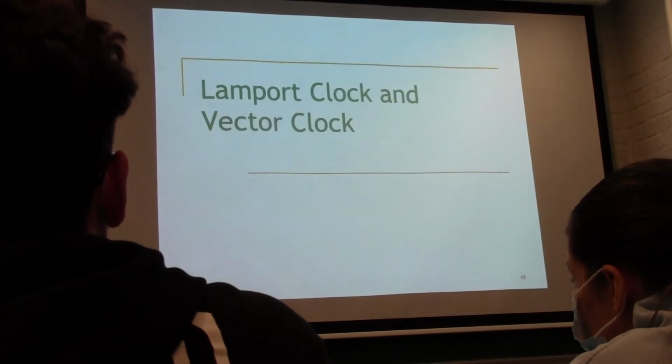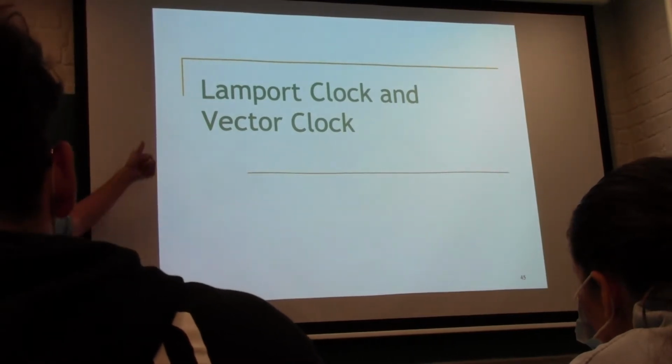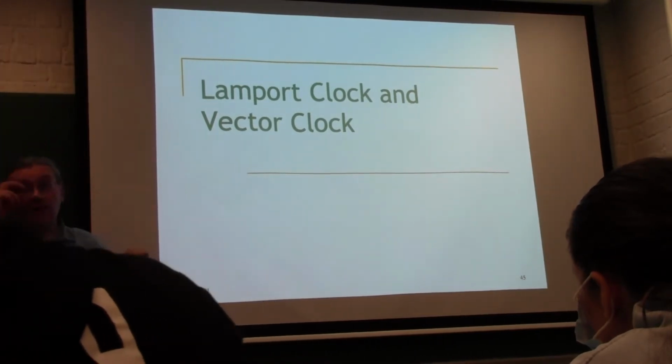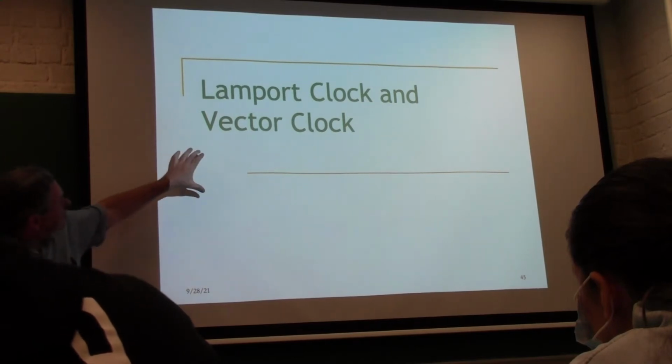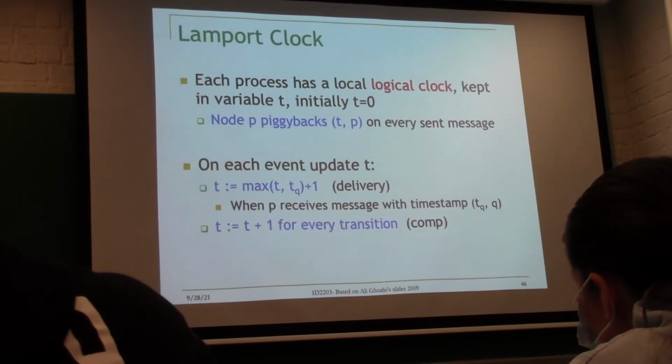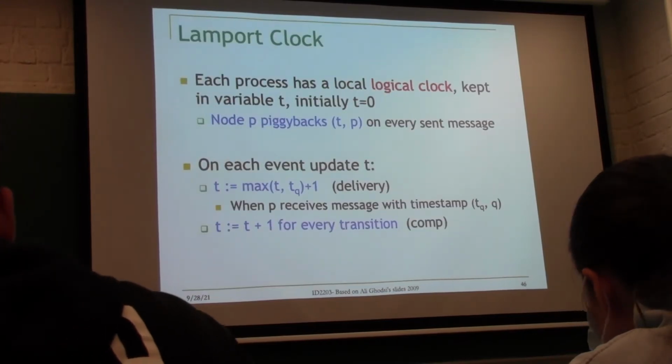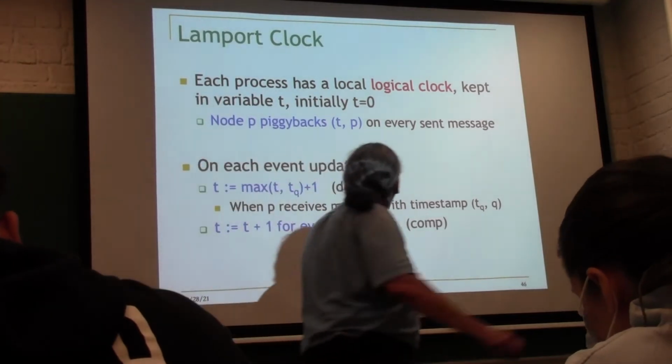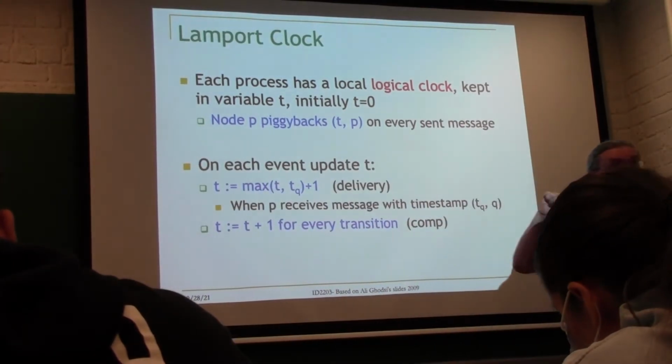There's no contradiction. So there's two most important ways to compute it, and it's called the Lamport clock and the vector clock. So these are techniques that you can add to any distributed algorithm. You can piggyback them, okay? So these are called logical clocks.